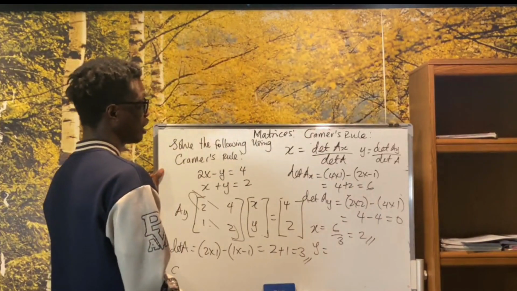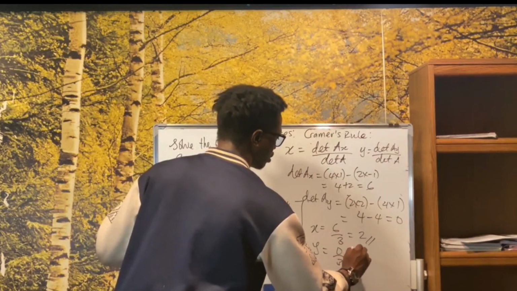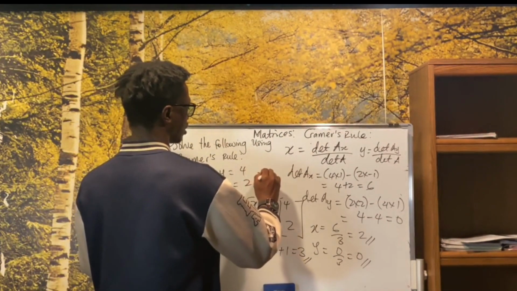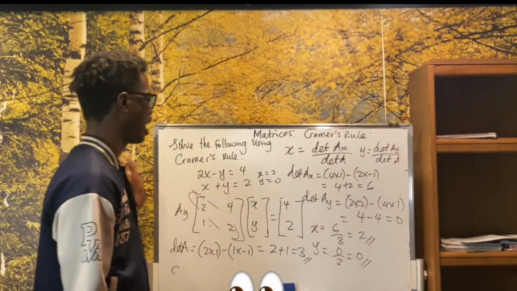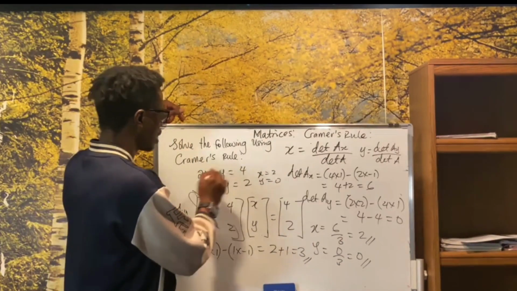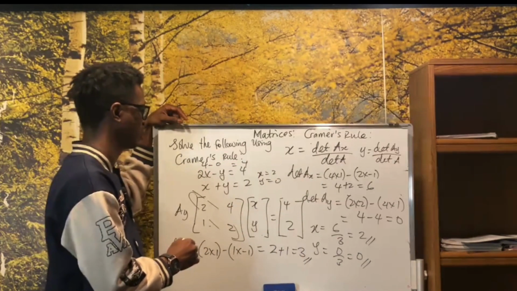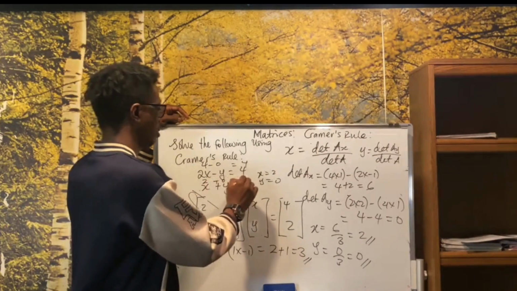It's now going to be the determinant of Ay, which is already 0 here, divided by 3. This becomes 0. So hence your answers become x is 2 and y is 0. Easy. And you can see it here. 2 times 2 is 4. Minus 0 becomes the right hand side. Okay. If this is 2 already, which is x, plus 0 becomes 2.